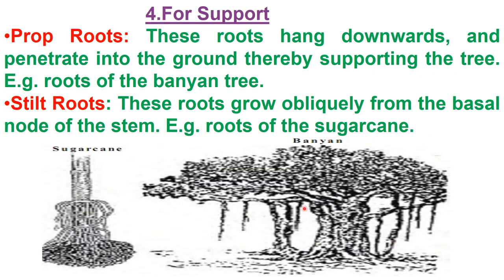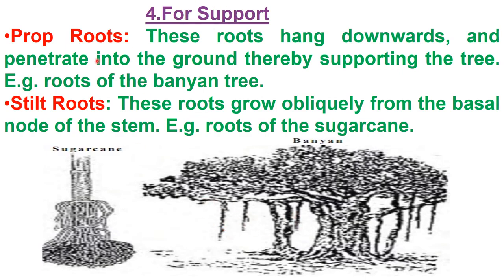So these roots can penetrate into the ground, and what is the function of these roots? These are supporting the tree. So this is the root modification for support. And what is the name for these roots? These are prop roots.